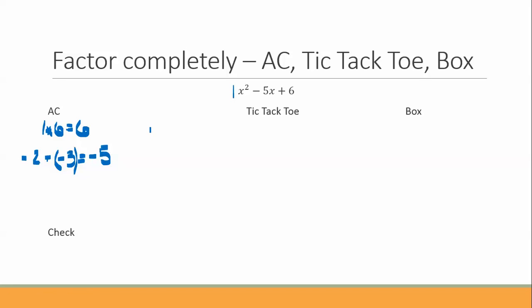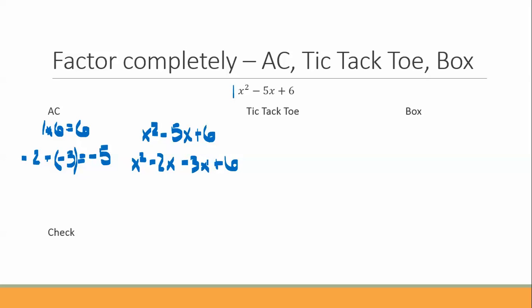So our original is x squared minus 5x plus 6. So we're going to split this middle term into x squared minus 2x from this minus 2, minus 3x from that minus 3, plus 6. We didn't do anything with the first or the last term.